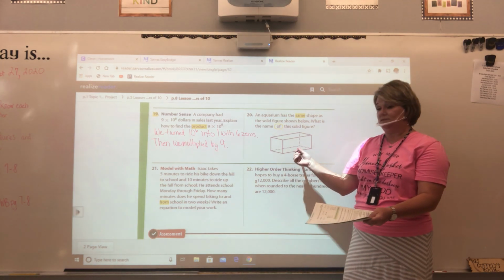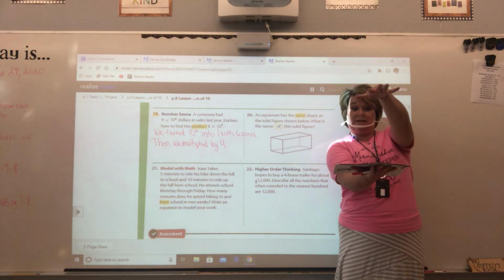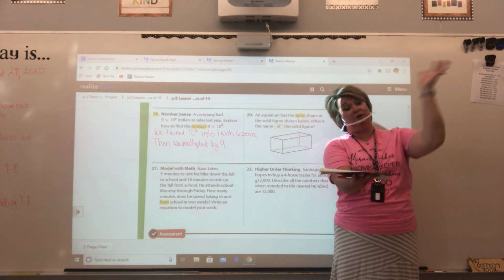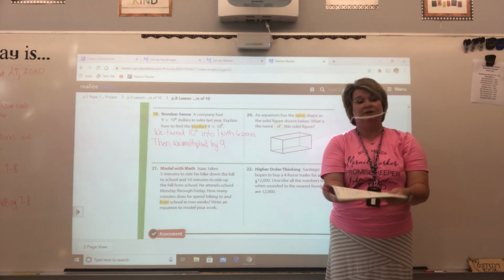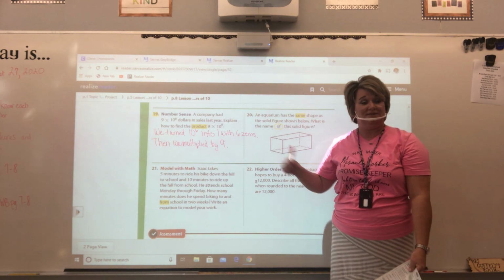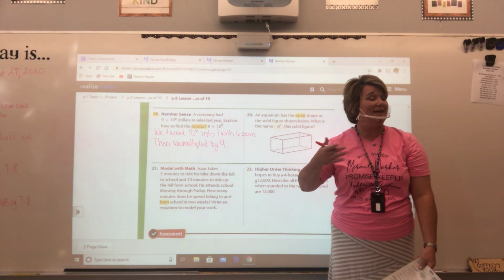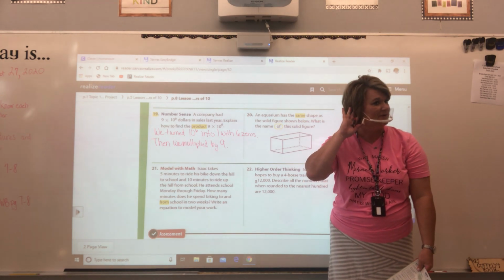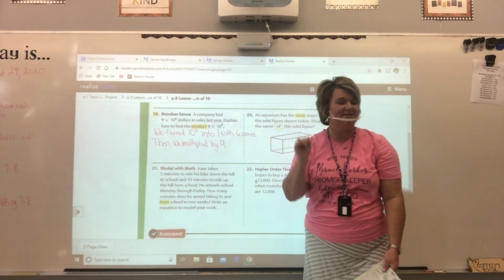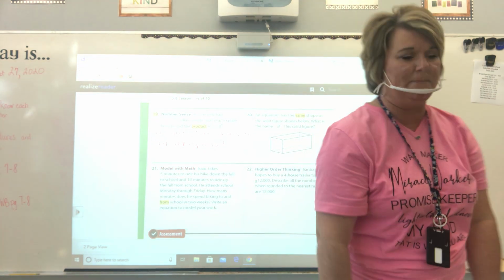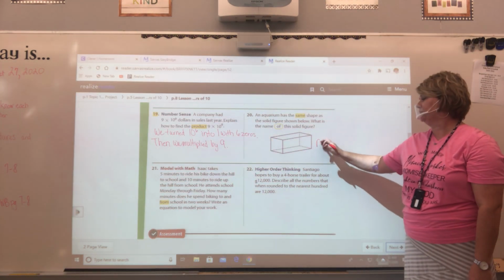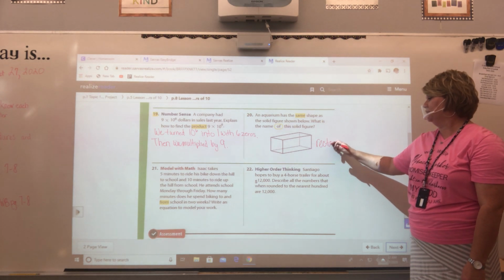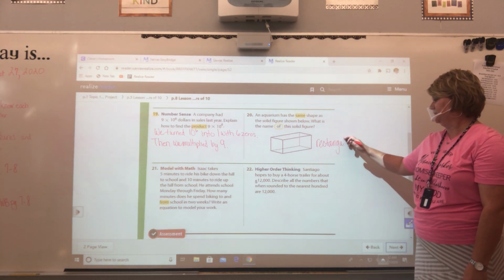What kind of figure is this? 3D. It's got height, doesn't it? You could actually put water in it. So don't call this just a rectangular. This is something else. It's a rectangular, who knows? Do you know? Prism. Yes, rectangular prism. There's your answer. That's something y'all learned in 4th grade. Or you should have.